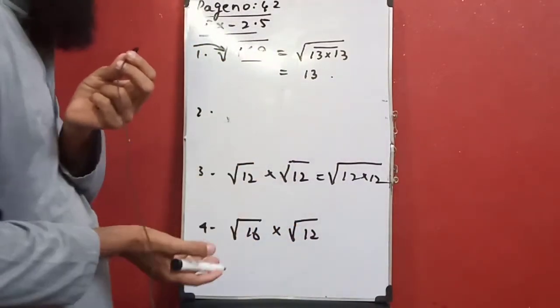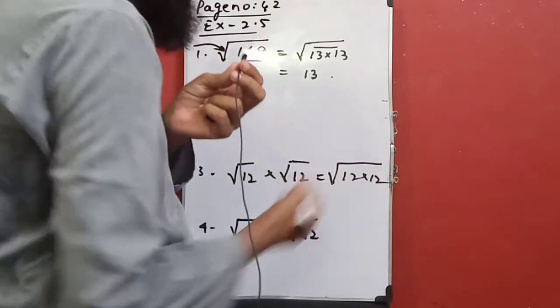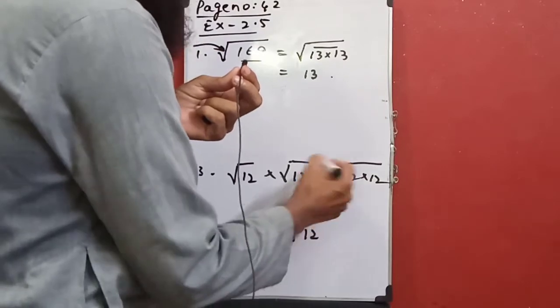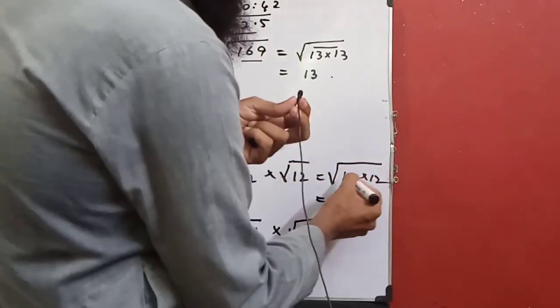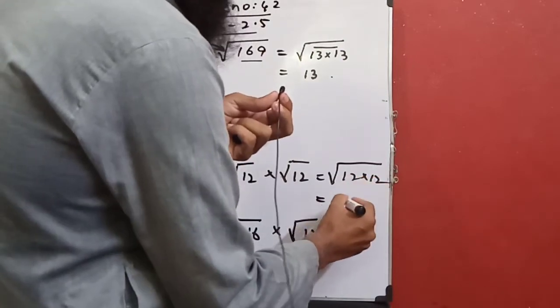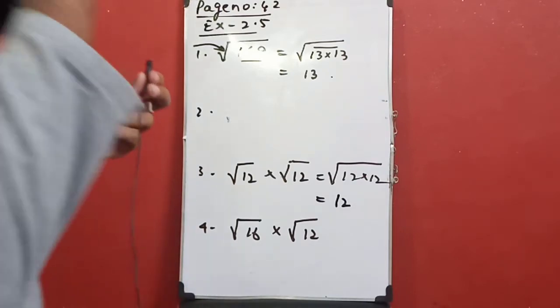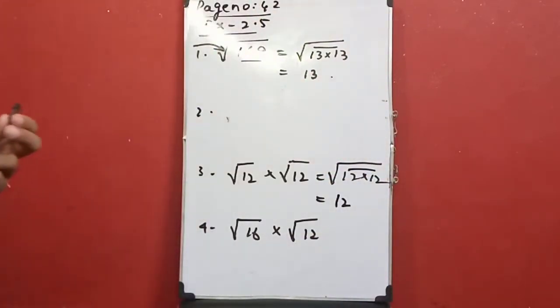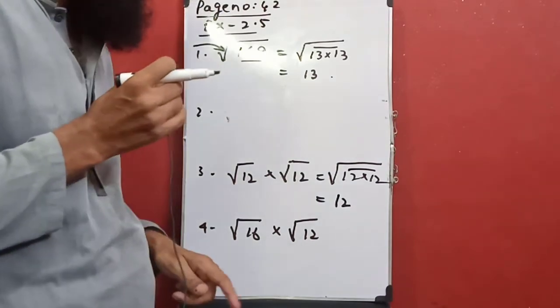As per the previous question, if a pair comes in the radical sign, it is written singly outside the radical sign, so the answer is 12.